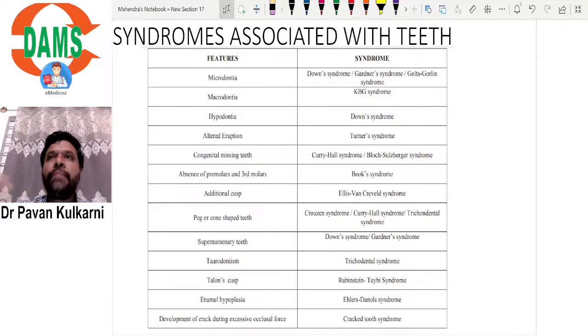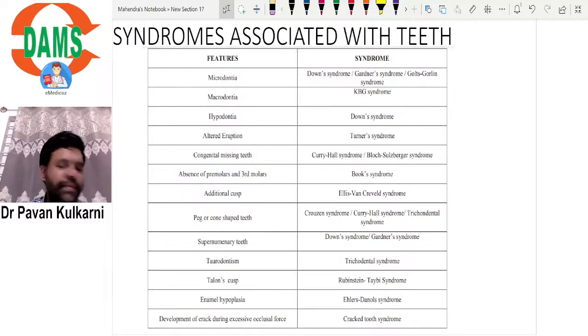Hypodontia, fewer teeth, is associated with Down syndrome. Altered eruption of teeth is associated with Turner syndrome. Absence of third molars and premolars is associated with one of the important syndromes called Book syndrome.